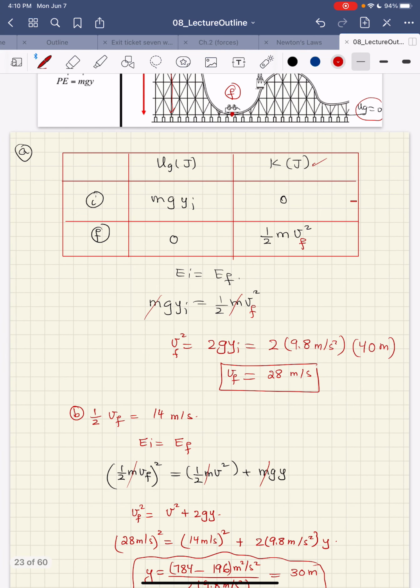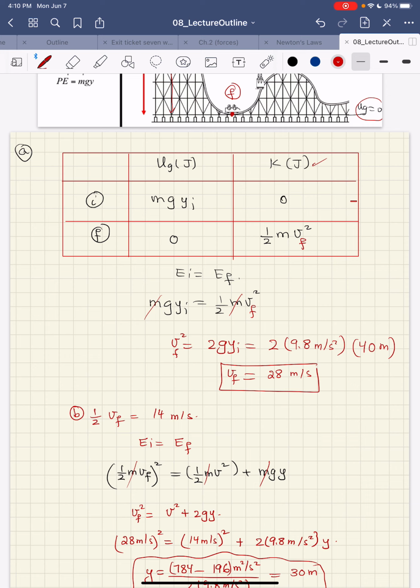Okay, I can apply E initial equals E final, then mgyi equals 1/2 mv final squared. And here you can see that I have crossed out the mass from the two equations. This is not always going to be the case.